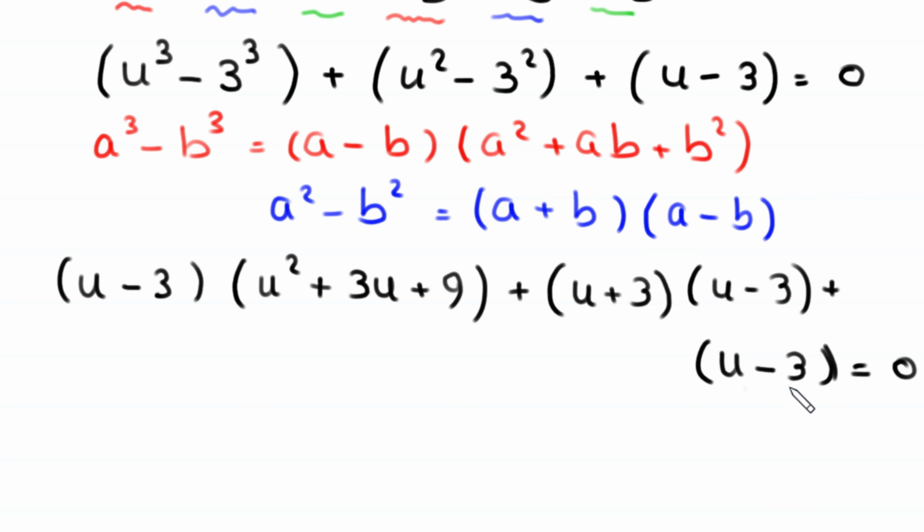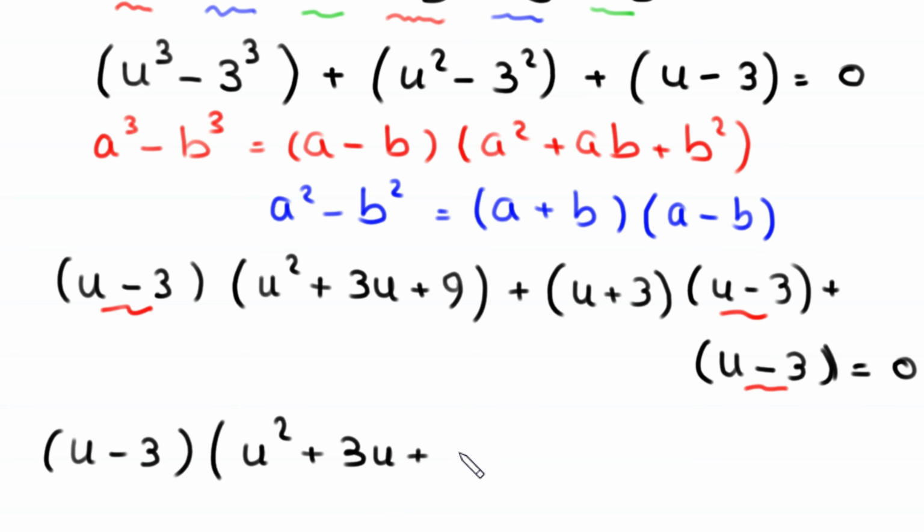Now this u minus 3 is a common factor, so we factor out this u minus 3, and in the bracket we have u squared plus 3 times u plus 9 plus u plus 3 plus 1 equal to 0.